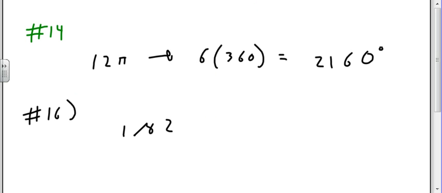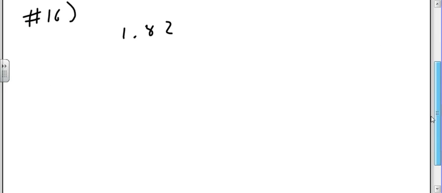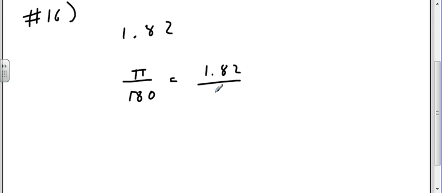1.82 radians. All right, well, pi is to 180 as 1.82 is to x. So x is 180 times 1.82 divided by pi.